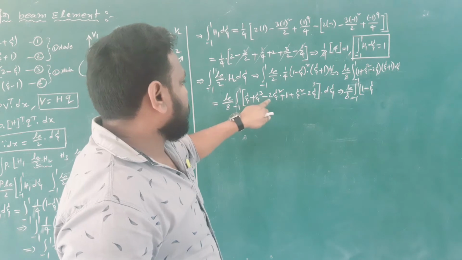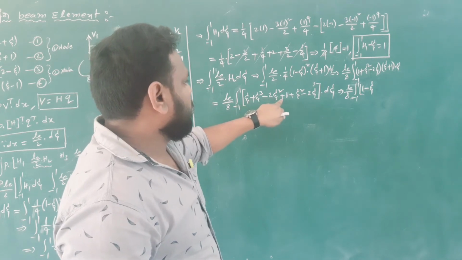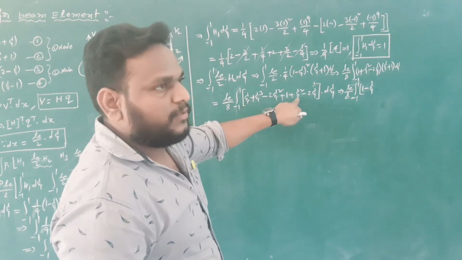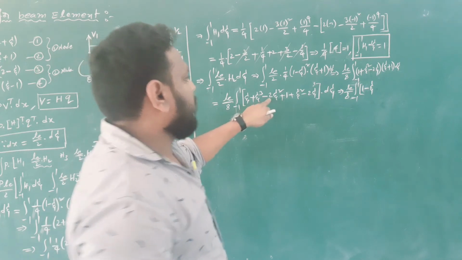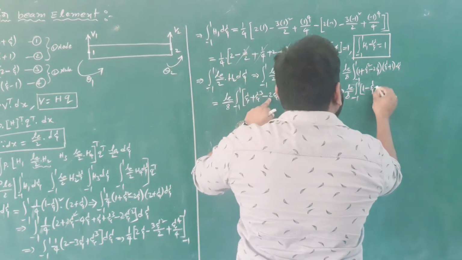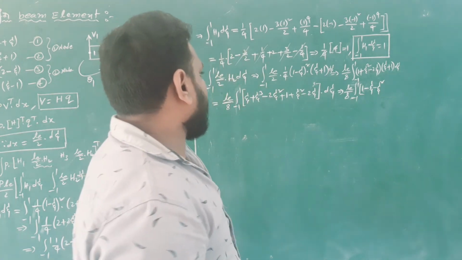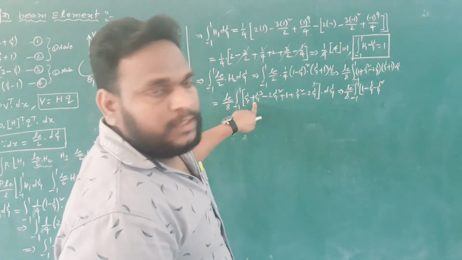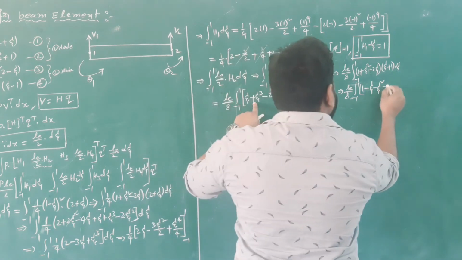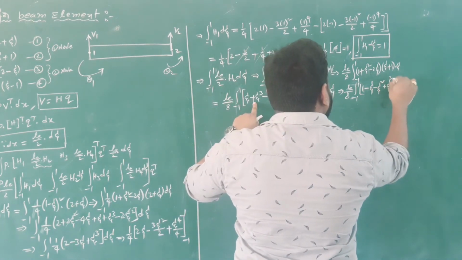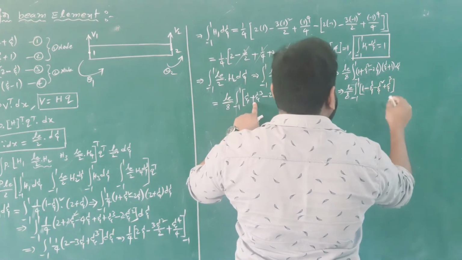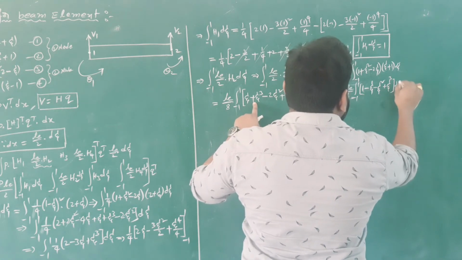Next j square minus 2j square plus 1j square, that is it remains minus j square only. Next here j cube plus j cube, that is minus j cube into dj.